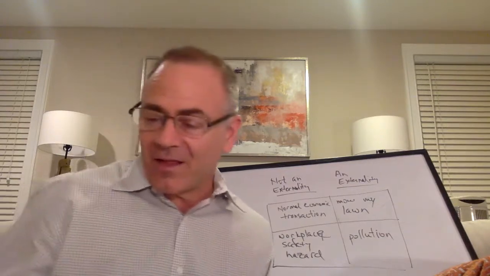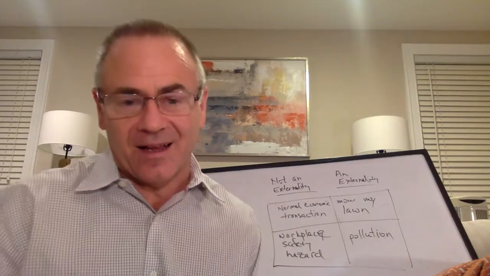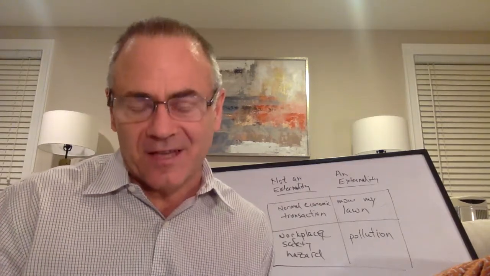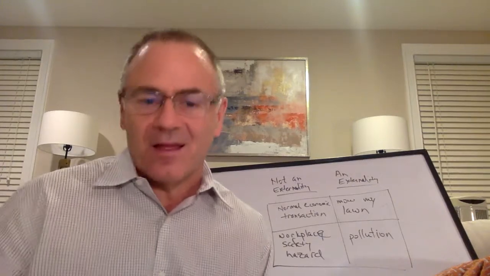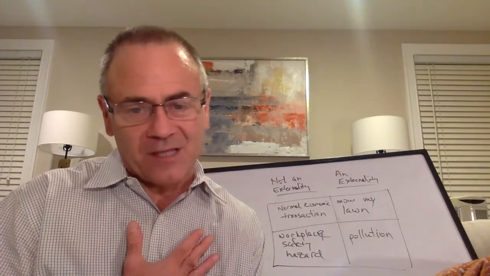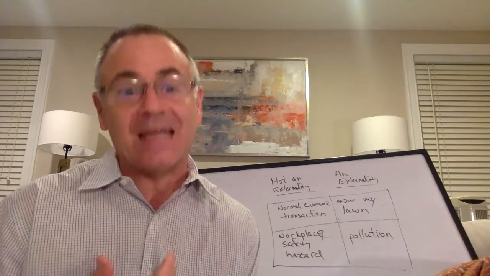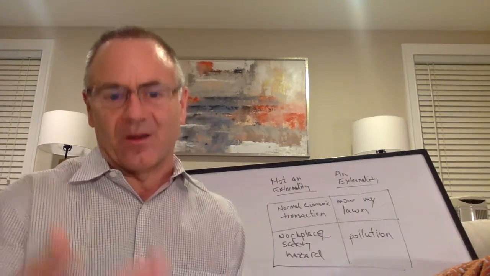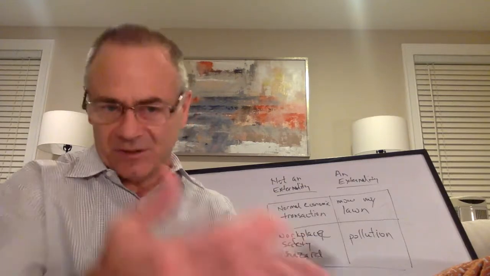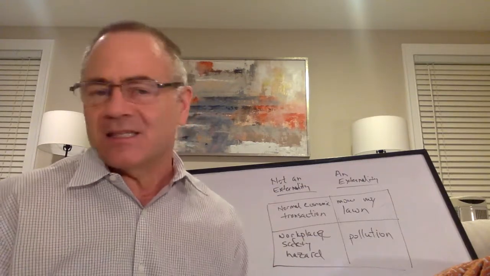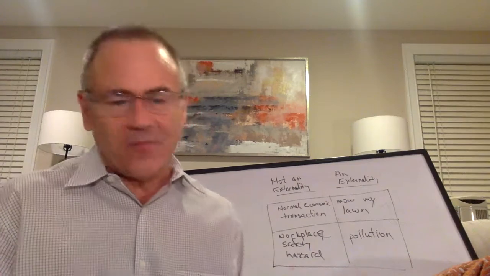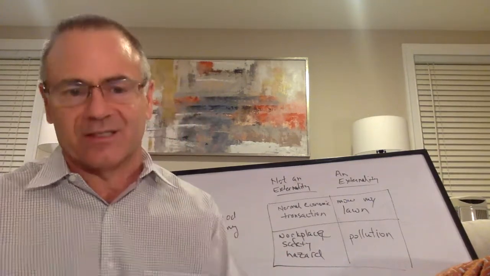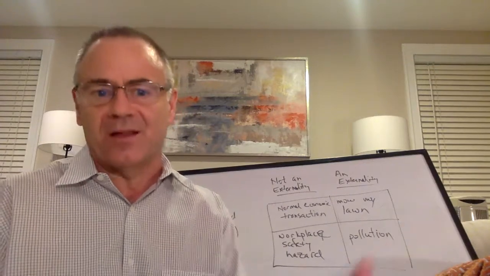Now the reason it's not an externality is because the owner of that diesel tank is George Mason University. I'm the one who may suffer the cost from it, but I'm an employee of George Mason University. So we have a transaction going on, me and George Mason University. George Mason gives me a salary. If I see that there's a safety hazard, I would just say, you need to pay me a little more.